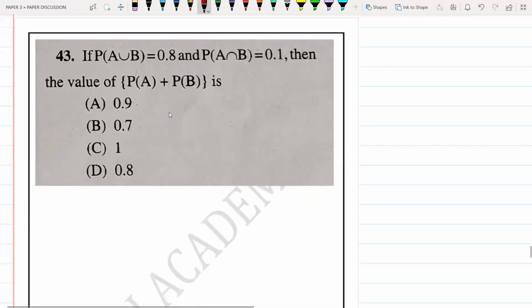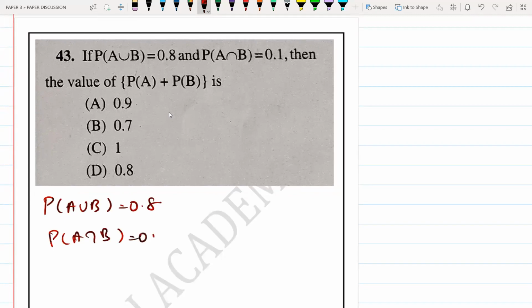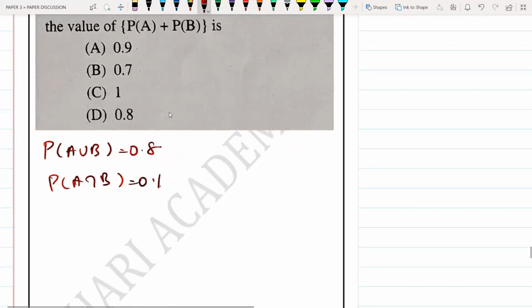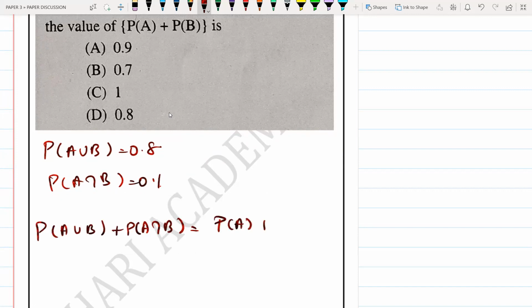Then question number 43. P of A union B is equal to 0.8. P of A intersection B they have given is equal to 0.1. We know one formula: P of A union B plus P of A intersection B equals P of A plus P of B. What is the P of A union B formula?